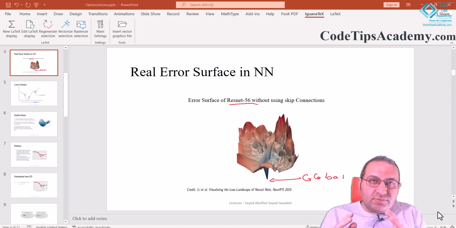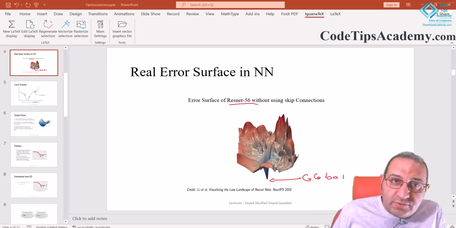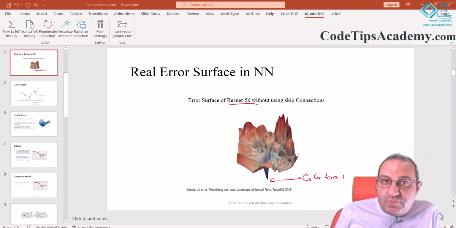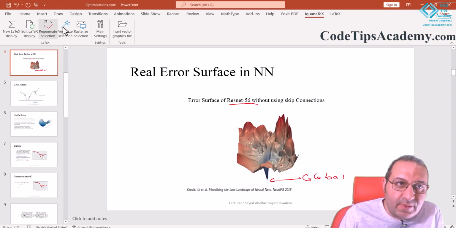As you remember from the previous video, I showed you the error surface of ResNet 56 without using a skip connection.